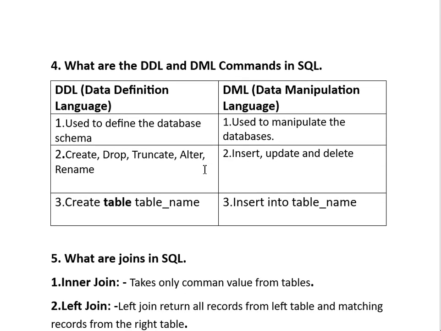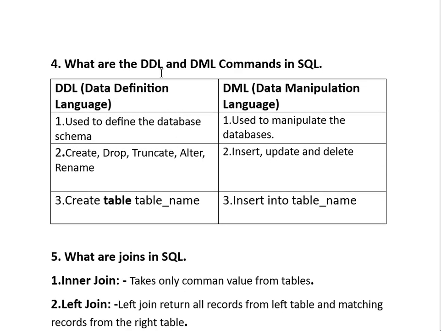And the fourth question is, what are the DDL and DML commands in SQL? First I'm going to explain what DDL is. DDL is Data Definition Language, which is used to define the database schema. The commands by which we can define the database come under DDL.